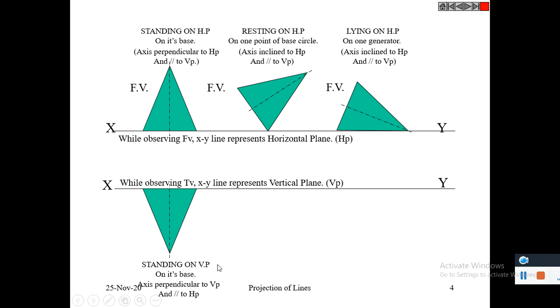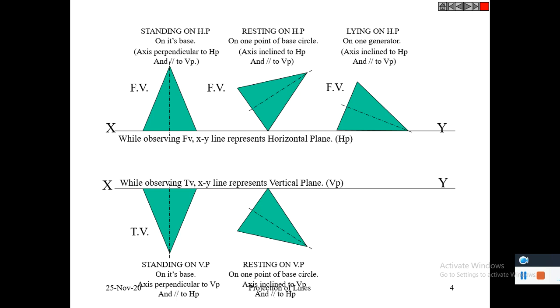So it is standing on the vertical plane on its base, axis perpendicular to VP but parallel to HP. It is resting on VP such that one of its base circle points touches, and axis inclined to VP but parallel to HP. So another top view: lying on VP on one generator, its axis inclined to VP but parallel to HP.